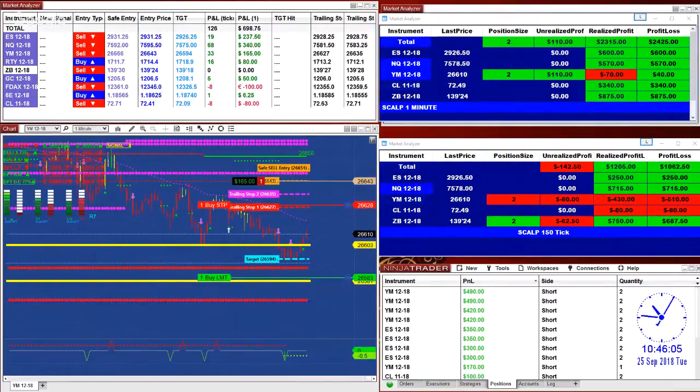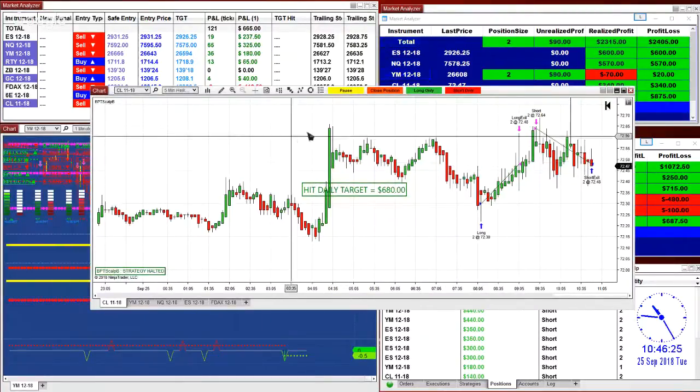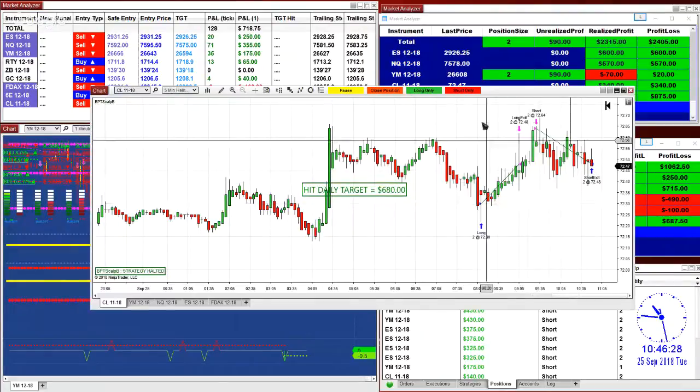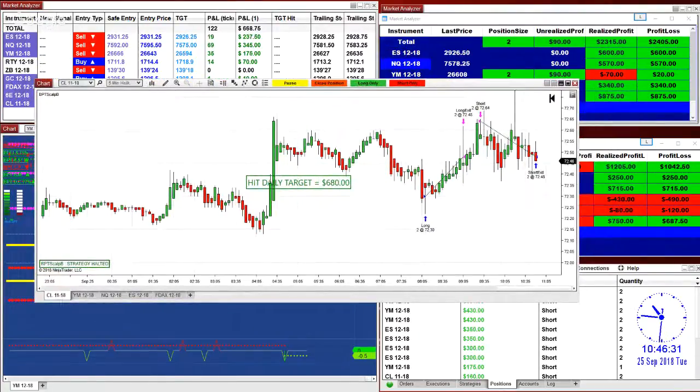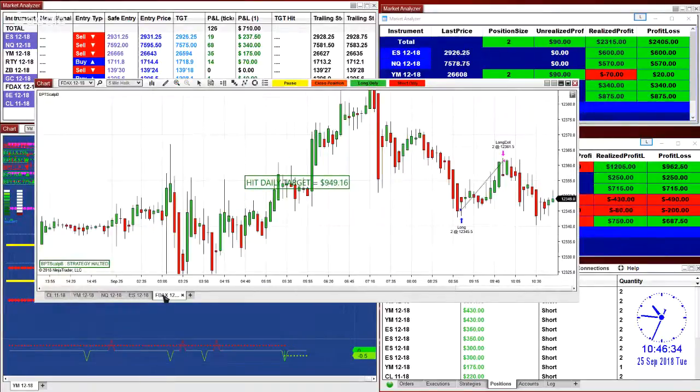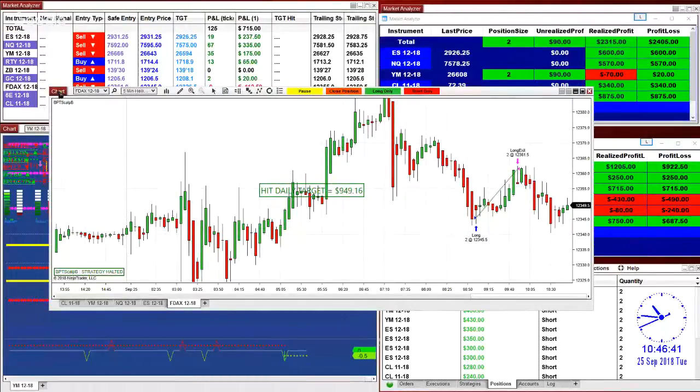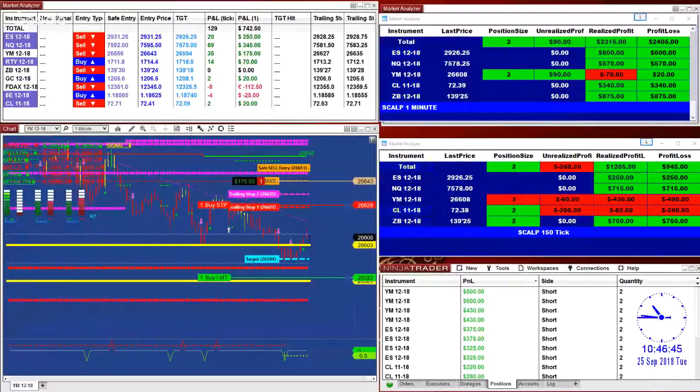Yesterday for our members, we covered the 5 minute scalpers. The CL already hit the target with 2 trades on the scalper, and I think we also hit the DAX on the 5 minute scalper, the ones we covered yesterday in the room. Those two are doing extremely well.